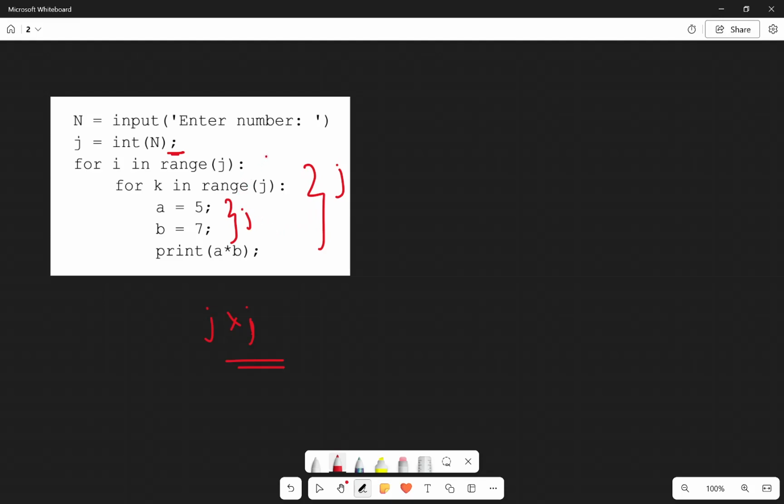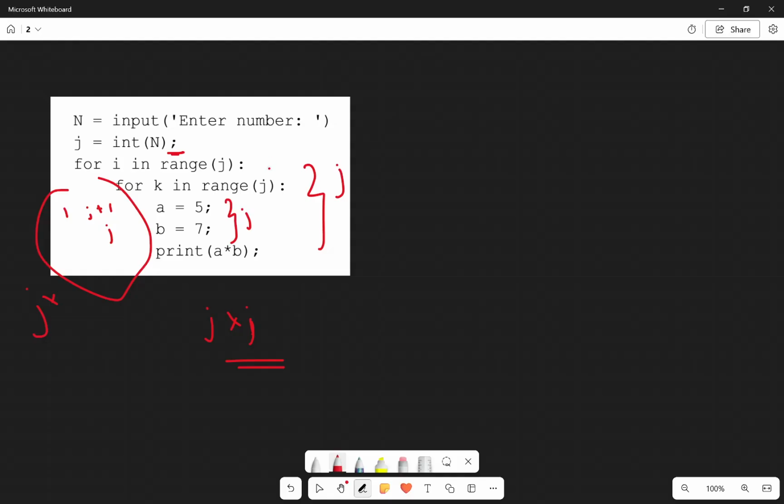Within this for loop, the initialization part gets executed once. The condition gets executed j plus 1 times. The increment gets executed j times. The body gets executed j times, and each of those gets executed j times.